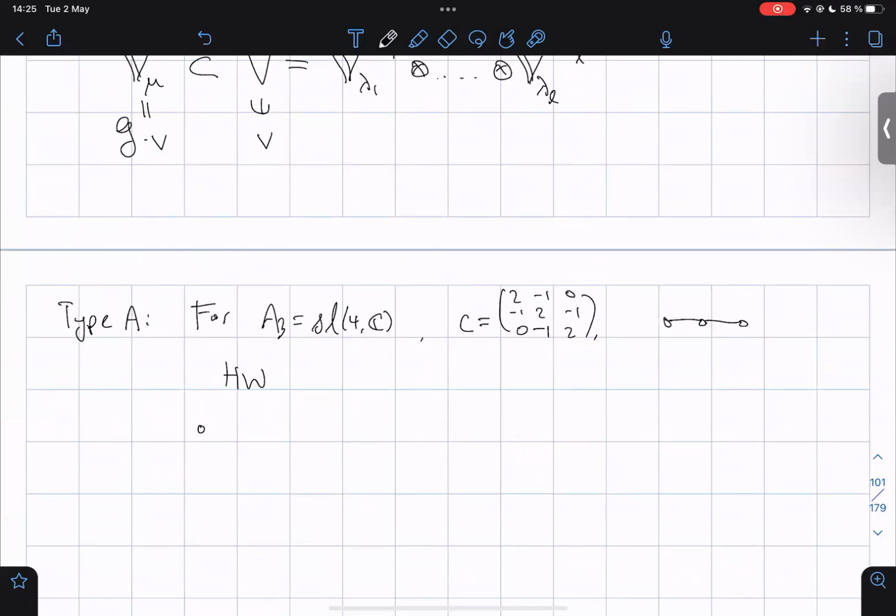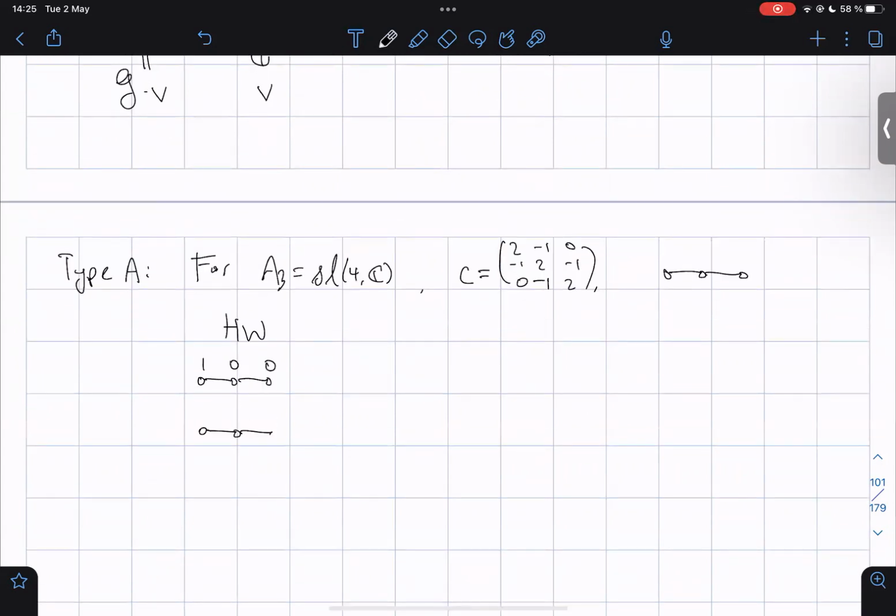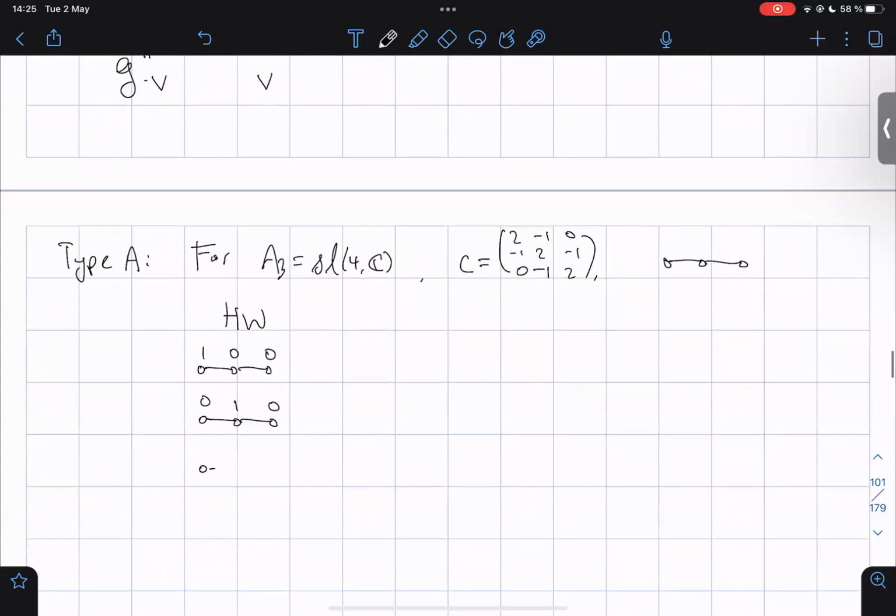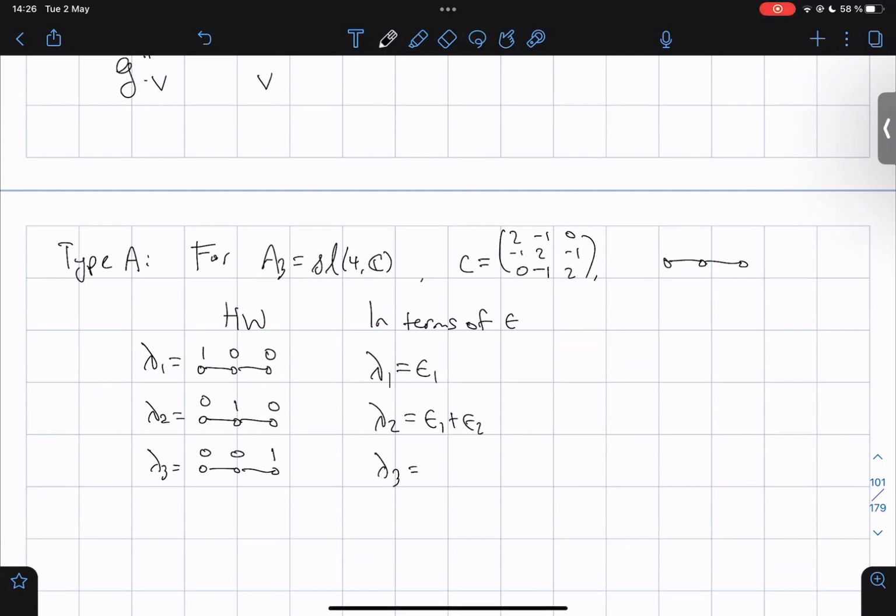So what are your fundamental irreps? Here's a highest weight, here's a highest weight, and here's a highest weight: lambda 1, lambda 2, lambda 3. In terms of the epsilons, lambda 1 is epsilon 1, lambda 2 is epsilon 1 plus epsilon 2, and lambda 3 is epsilon 1 plus epsilon 2 plus epsilon 3.